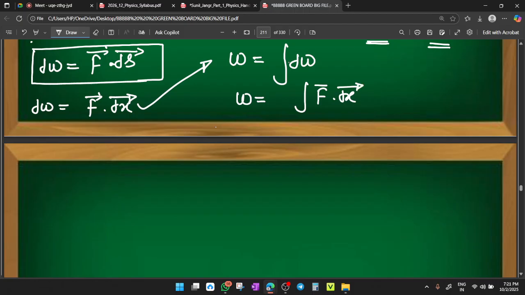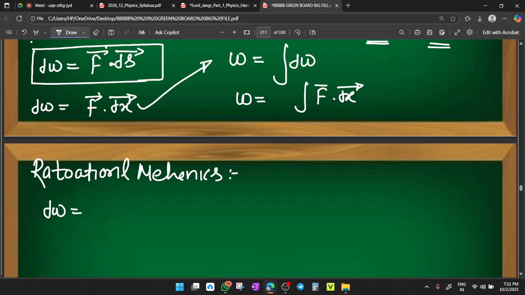Clear? Now, this is for mechanics, or linear dynamics. But in the case of rotational dynamics, the situation is changed, and there for dW, which factor is responsible for rotation? Force? No. Torque is responsible. So the formula becomes dW equals T dot d theta.